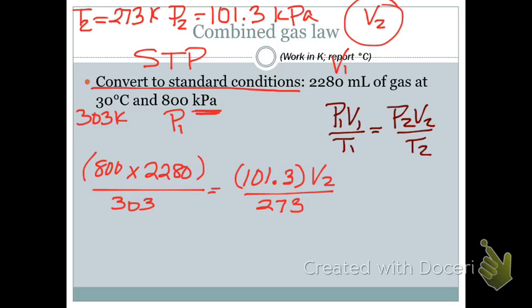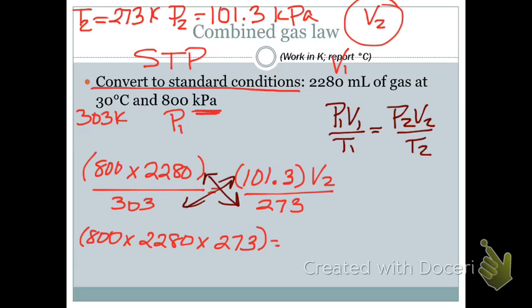All right, cross multiplication is going to result in a linear equation of 800 times 2280 times 273 is equal to 101.3 times 303 times V2.